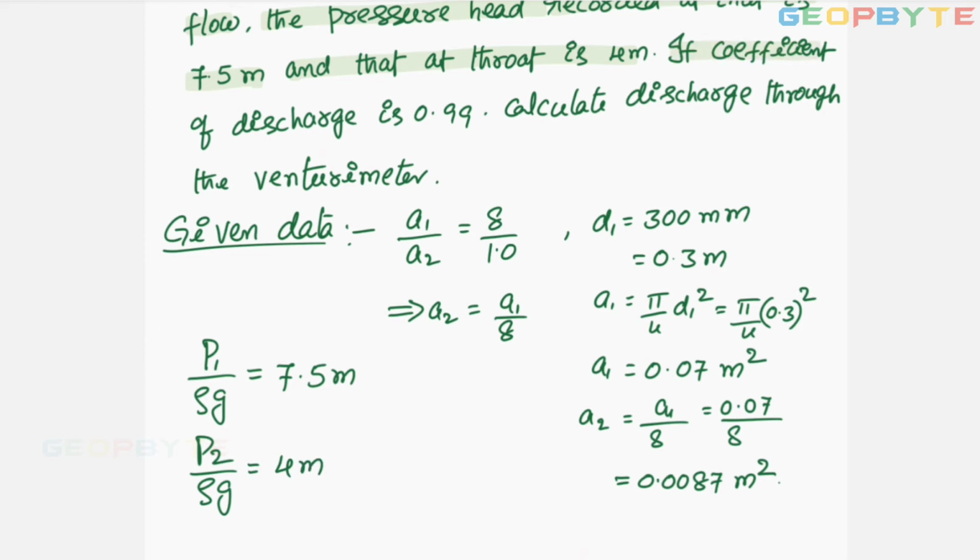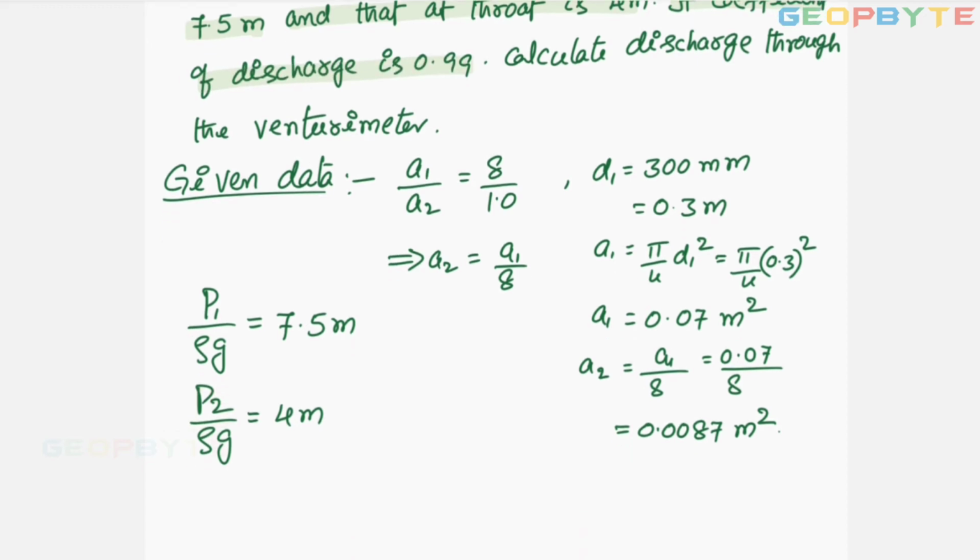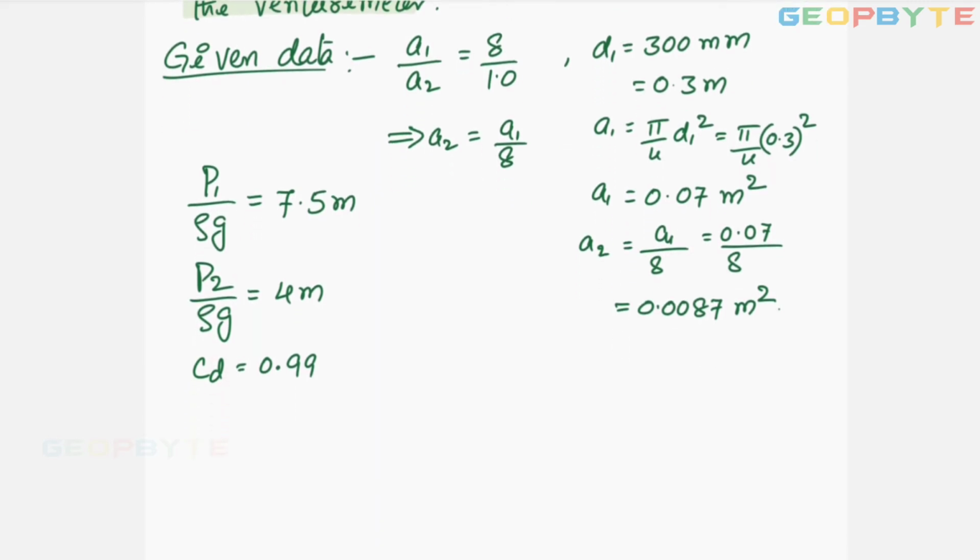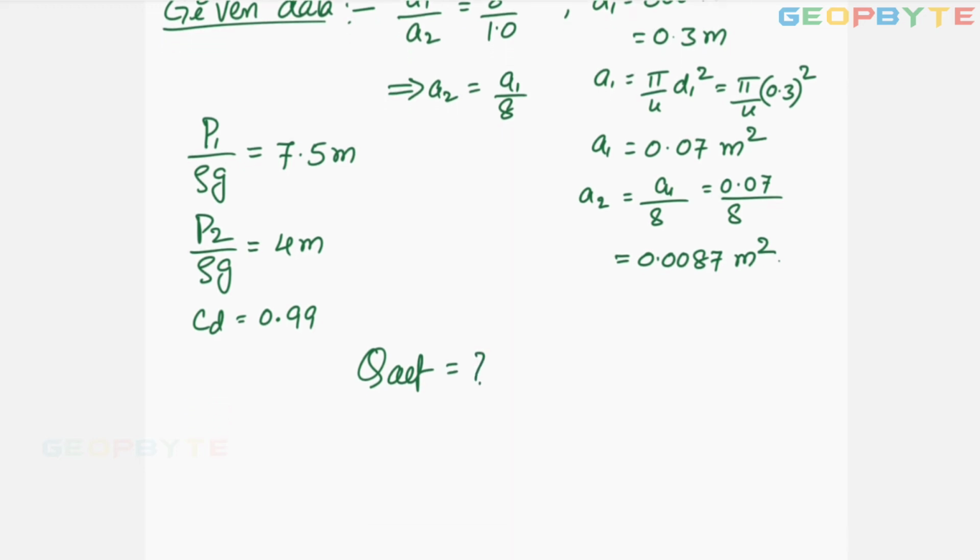If coefficient of discharge is 0.99, calculate the discharge through the venturimeter. What is the discharge expected? Actual discharge, Q actual is equal to how much? That is the problem.